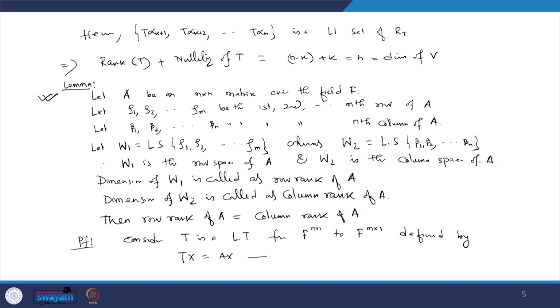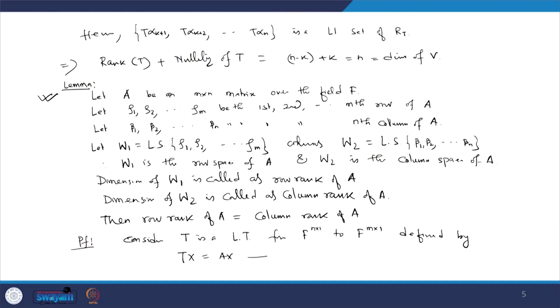I have already mentioned F n cross 1 is the space of column matrices of n cross 1 order, and F m cross 1 is the space of column matrices of m cross 1 order, please. They are all vector spaces over the capital F. So, I have defined a linear transformation T from F n cross 1 to F m cross 1 by T of x equal to A x.